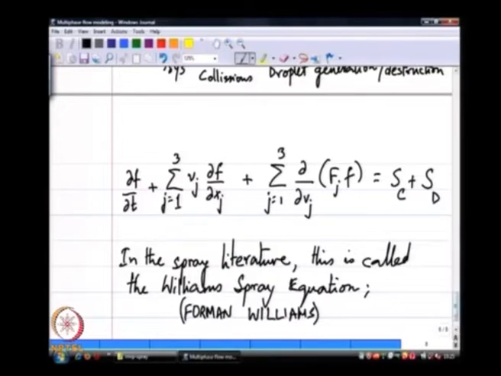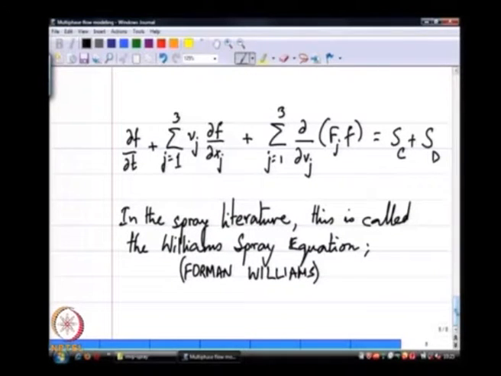And we must also mention that this is very similar, in fact has a very strong connection to the Boltzmann equation that physicists use to study gases.